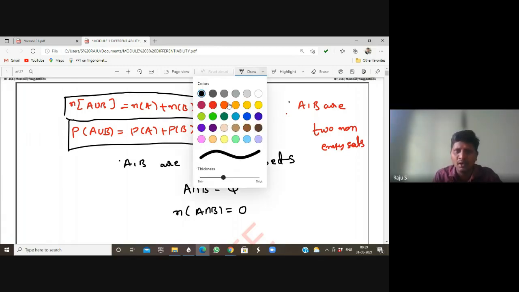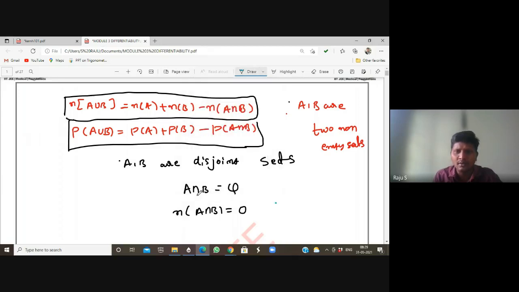What do you observe here? You have to remember this. If you apply an operation like intersection, you take the result as a set. But when you take n, it must be a numerical value. On the right side we should not write phi; we should write 0, 1, 2, 3, 4 like that.